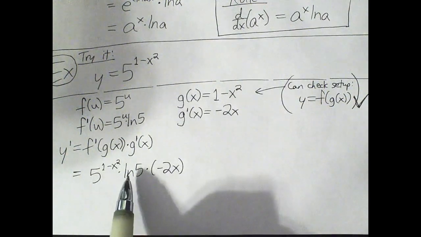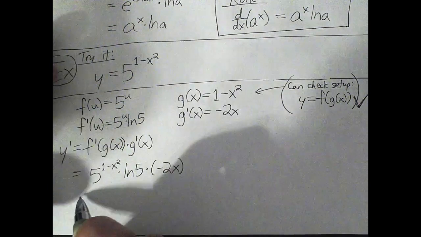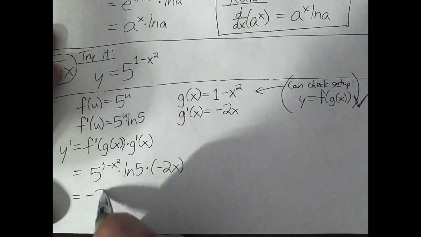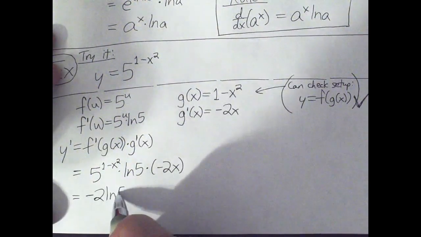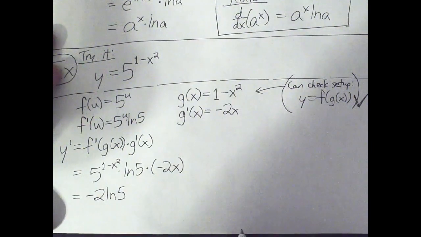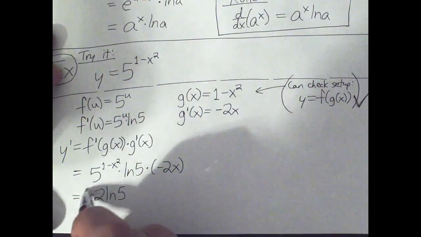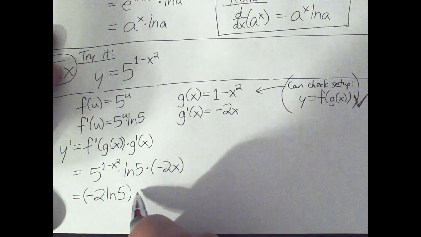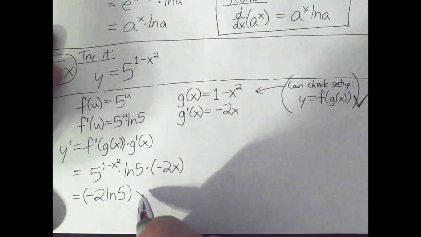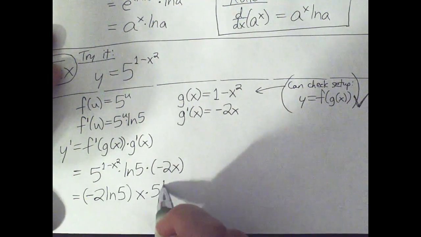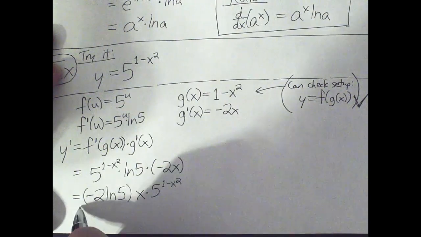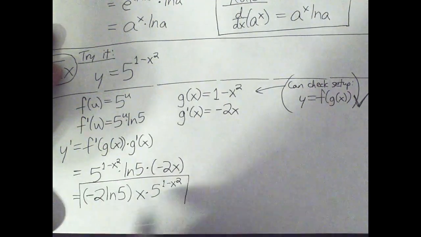But for that matter, ln 5 is also a constant. So I'm going to rewrite this as negative 2 ln 5, and then maybe put that in parentheses. And then you could say x times 5 to the 1 minus x squared. I don't know. There's a couple of different ways you could write this. But you should get something like that.